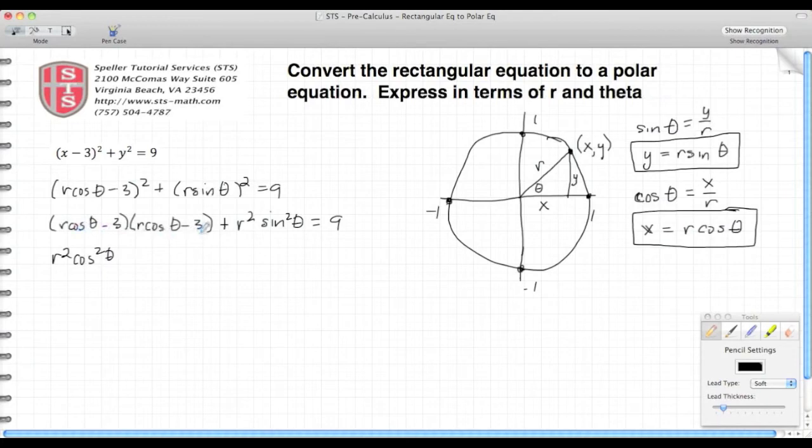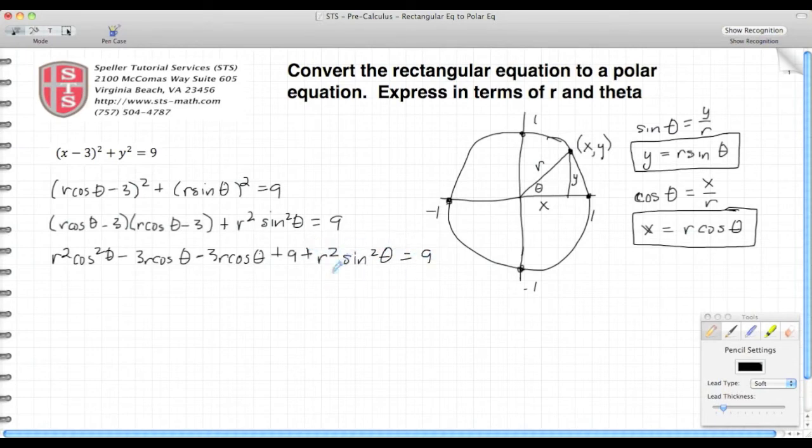This first term by the -3 to give me -3r cosine theta. This -3 times that r cosine theta to give me another -3r cosine theta, and then -3 times -3 to give me a +9, and I rewrite the rest: r squared sine squared theta equals 9.